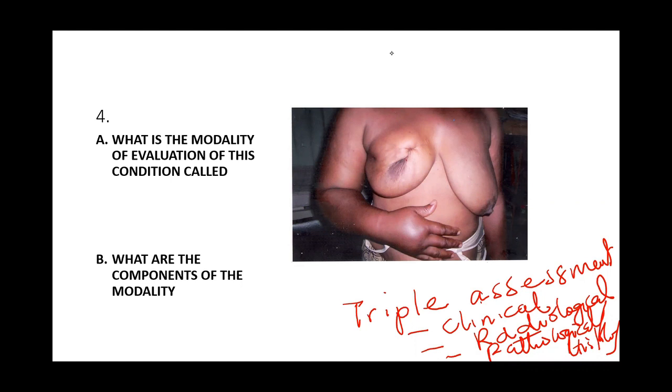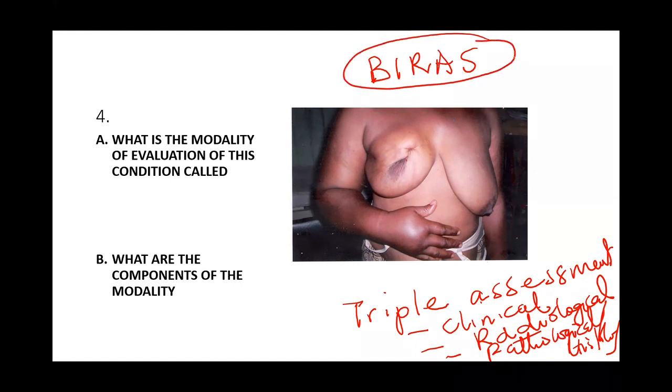And the system for reporting any breast imaging, whether ultrasound or mammography, is called BIRAD, Breast Imaging Reporting and Data System. And it is BIRAD 1 to 6.